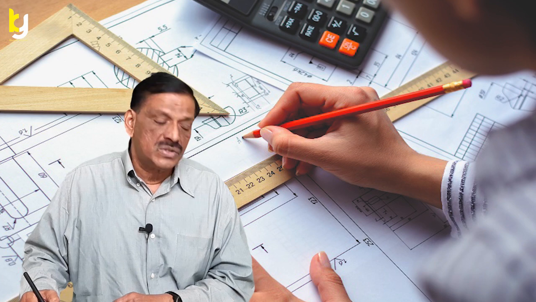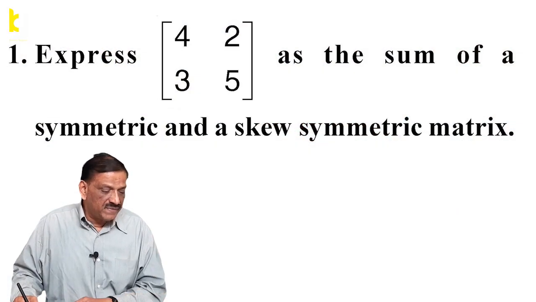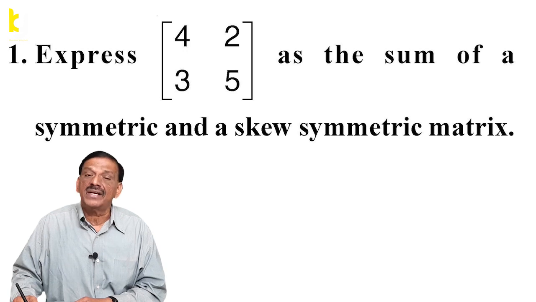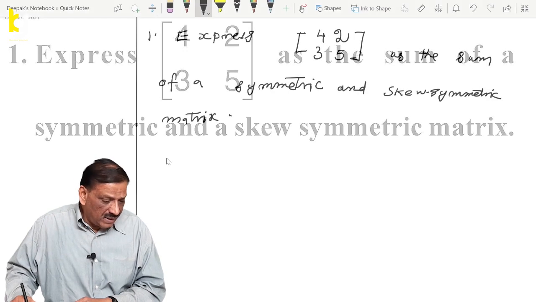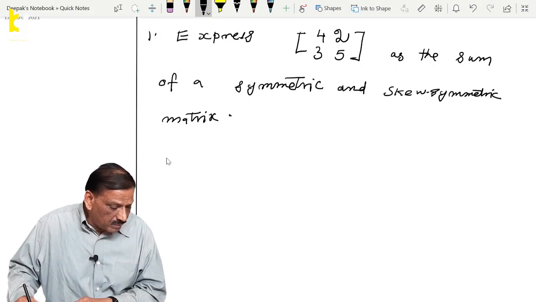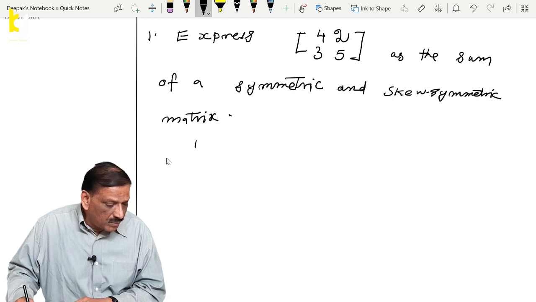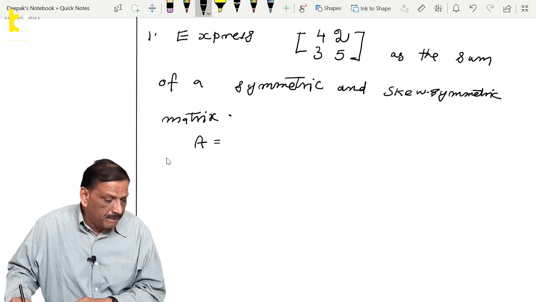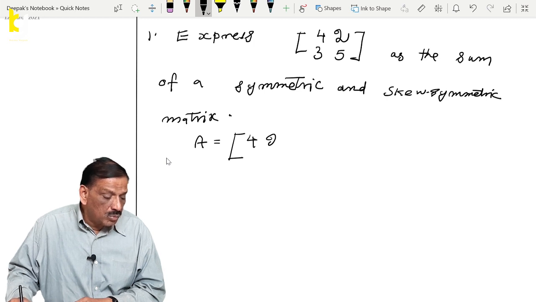See, the question is, express matrix 4, 2, 3, 5 as the sum of a symmetric and skew symmetric matrix. Let A equal matrix 4, 2, 3, 5.